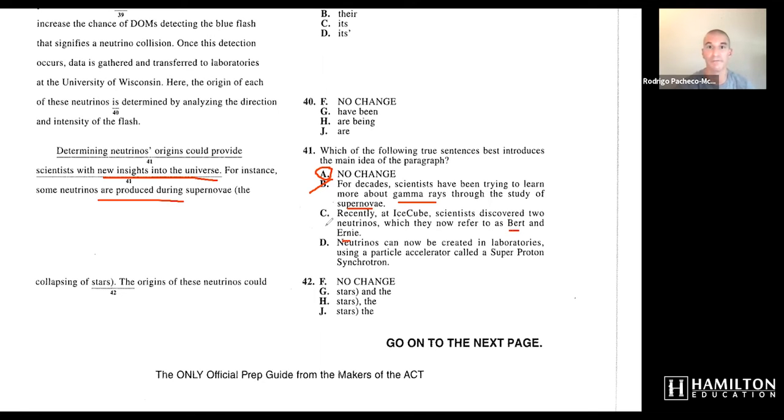Topic sentences should very much tell us in a very straightforward manner what a paragraph is going to be about. We can eliminate C. D, neutrinos can now be created in laboratories using a particle accelerator called a superproton synchrotron. That's not mentioned here. Again, we would expect this paragraph to discuss these things if this indeed were the correct answer. So that's why A, no change, is our correct answer for 41.